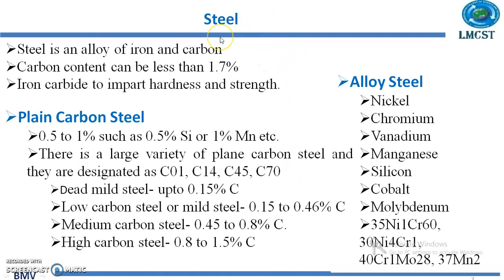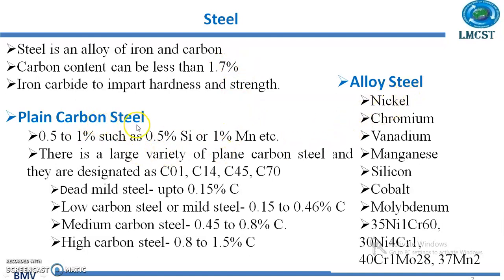Now we have steel. This is the most important engineering material and is available in wide variety to match the engineering requirements. Steel is an alloy of iron and carbon, and the carbon content is less than 1.7%. Here the carbon exists in the form of iron carbide, and it imparts hardness and strength. There are two types of steel: plain carbon steel and alloy steel.